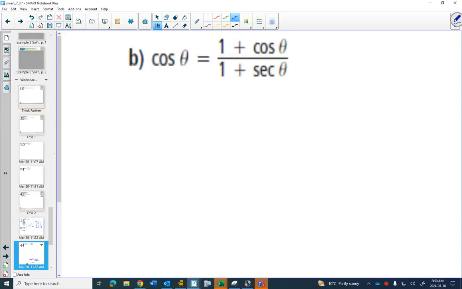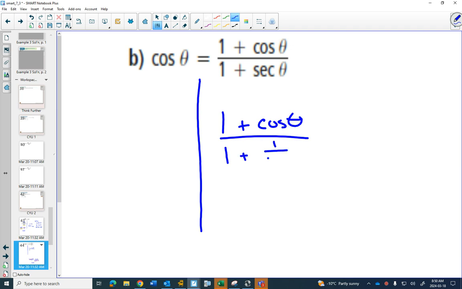Part B, again, rewrite out the question and draw the line. Again, we'll start with our main strategy. Our main strategy is to change everything to sine and cos, and we can change secant to 1 over cos. And when we have fractions inside of fractions, we wrote this down before, but maybe we'll write it down.